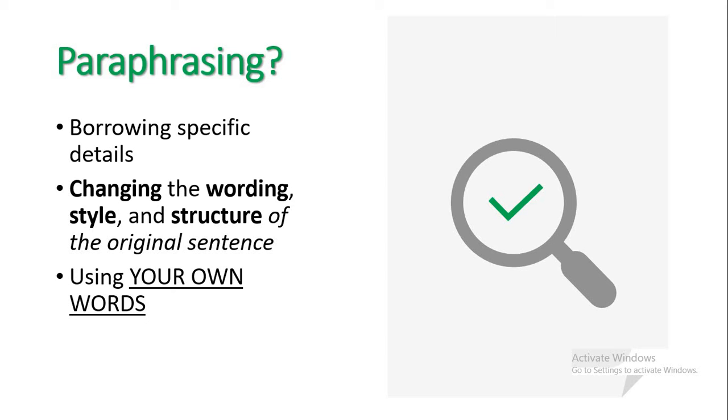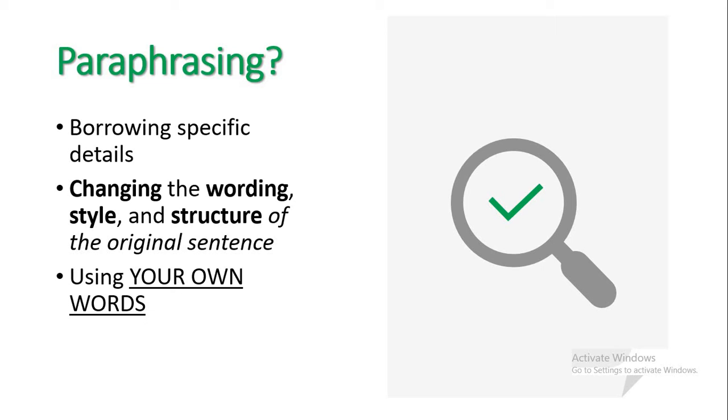And this means that if you're going to choose specific lines or specific pieces of information, you need to be aware of the fact that you will need to borrow these specific details but restate them in your own language to avoid plagiarizing. At the same time, because as I told you, we do not prefer quoting.